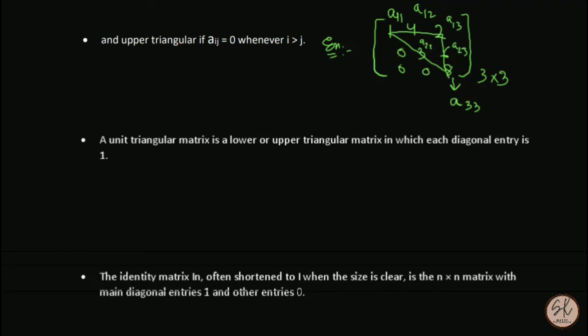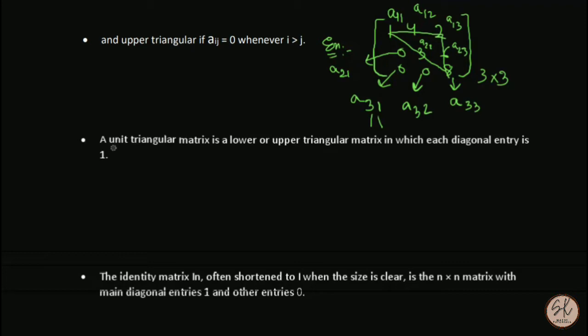This one is A21, this is A31 and this one is A32. In all these three cases i is greater than j. Therefore these are 0 and the others are non-zero. So this is an upper triangular matrix.